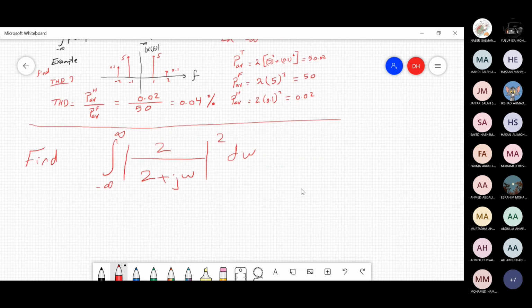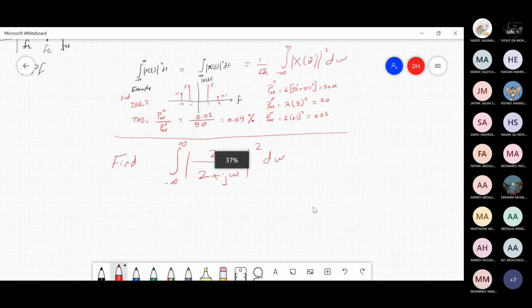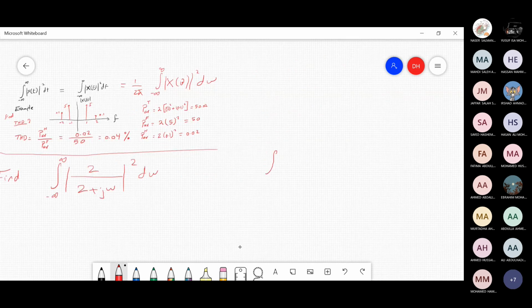So I can write it as the integration of x of t squared dt from minus infinity to plus infinity equal to 1 over 2 pi integration of X of omega squared d omega from minus infinity to plus infinity. So if we multiply both sides by 2 pi, then 2 pi will be here, and this one is cancelled. It's just a constant.